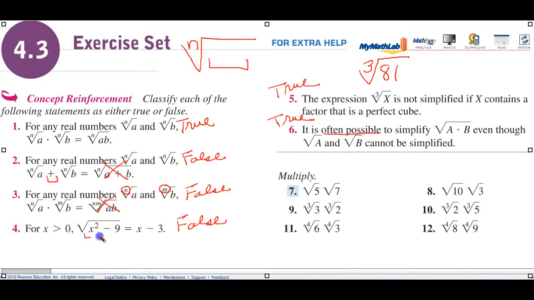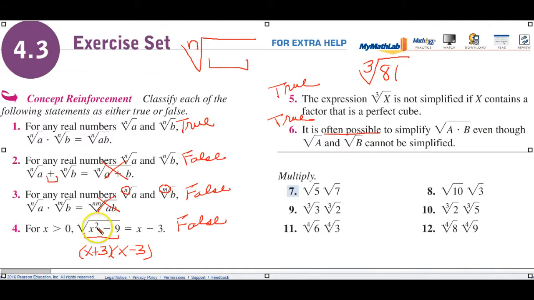Now this is the difference of perfect squares, and if you took that, factored it, it would factor into its conjugates, x plus 3, x minus 3, but the square root of it wouldn't be that.